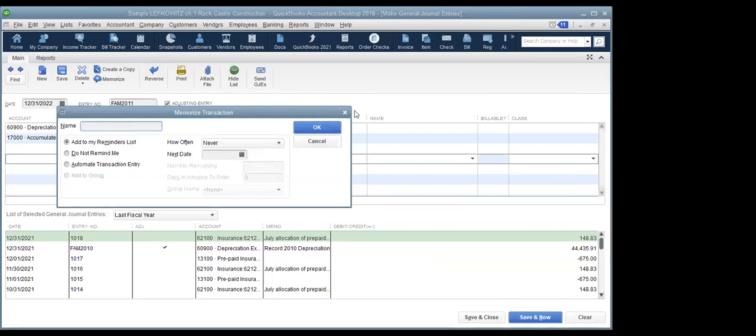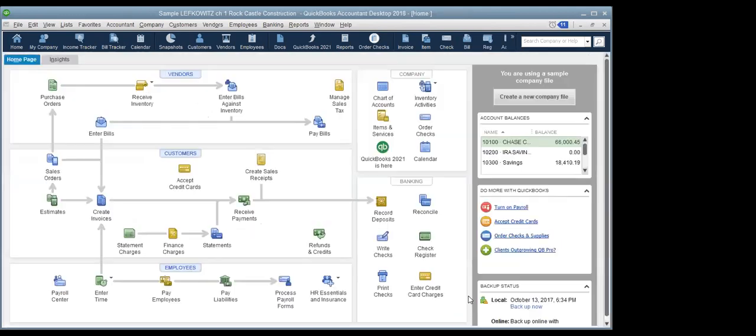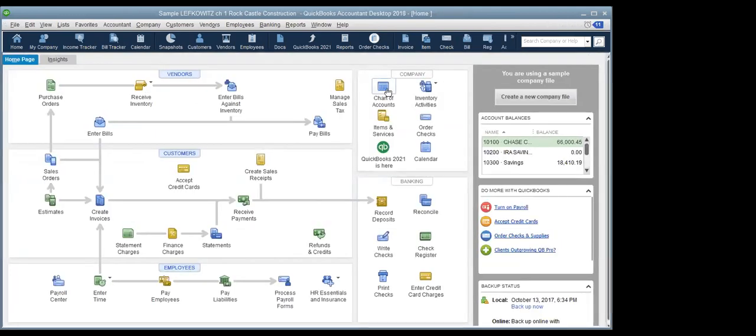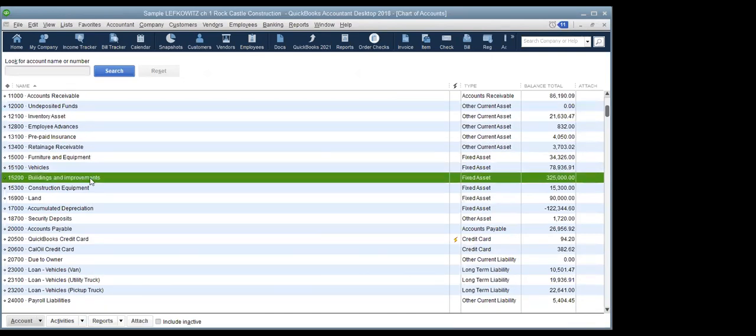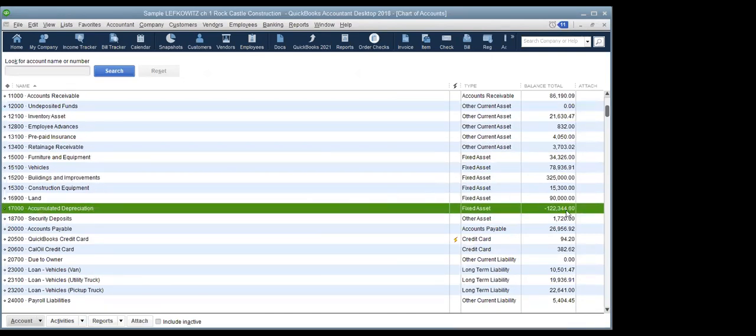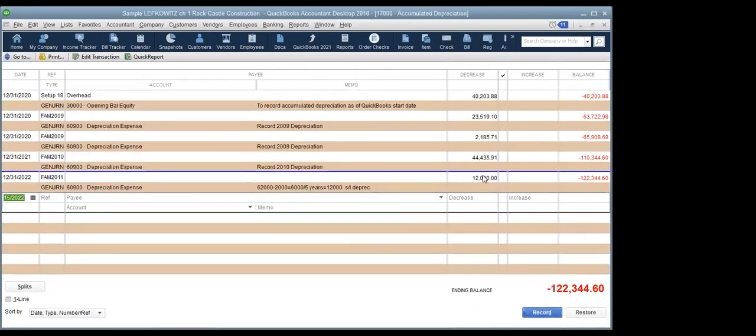So I prefer reminders. What we just did, memorize, did not save your work. You have to still press save and close. And then you'll see it here that you have a cumulative depreciation. You don't really see it, but the number increased in here. It's in here, cumulative depreciation, 12,000.